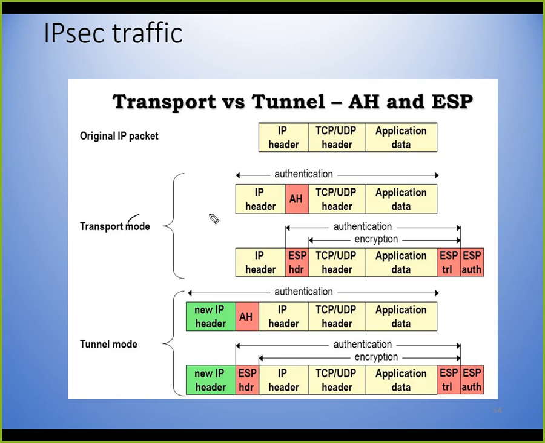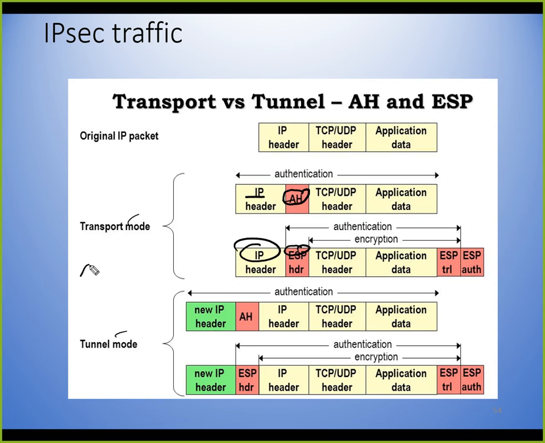If we're going to use transport mode, we have the authenticating headers here, but we do not encrypt the IP address. We use the original IP address. We could also use it with encapsulation. So in this case, we have authentication and encryption, and no encryption of the regular IP address.